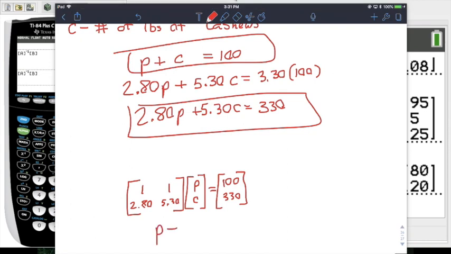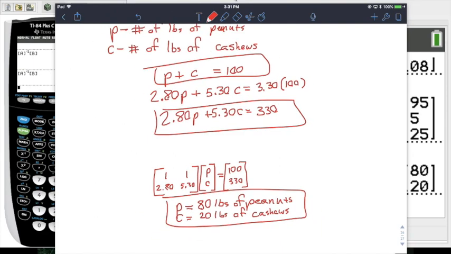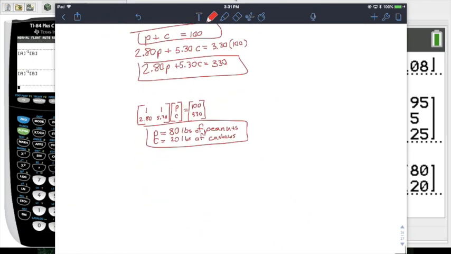So we got P is equal to 80 pounds of peanuts, and C was 20 pounds of cashews. And that is your answer. I believe that is the end of the long unit. Here we go.